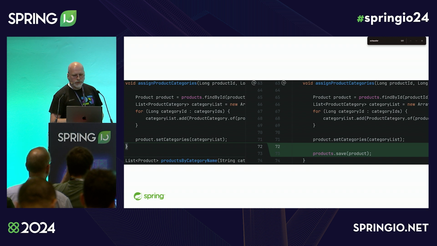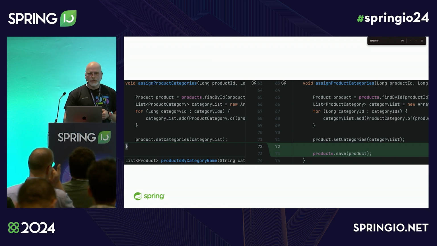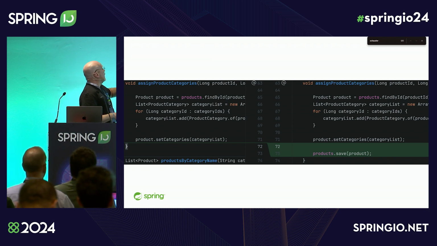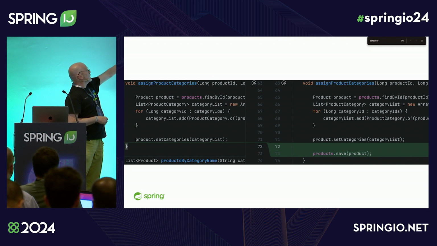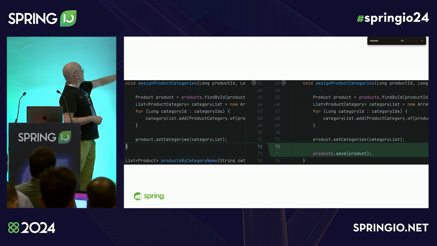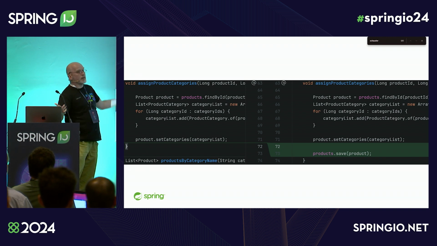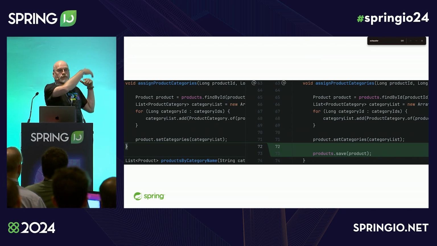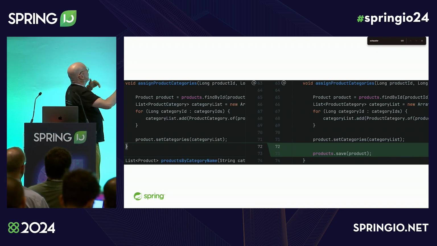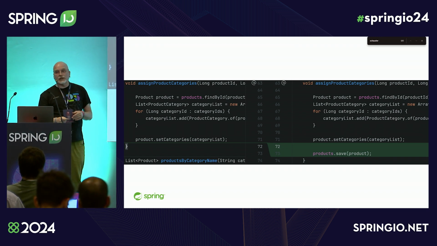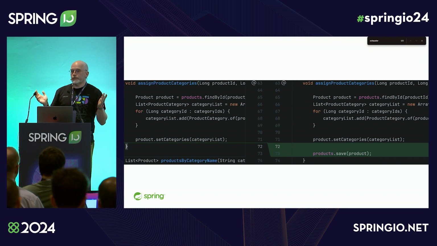One example is here. In this example, I load a product and then manipulate it and then nothing. But all this runs inside a transaction, so JPA automatically persists all this stuff.